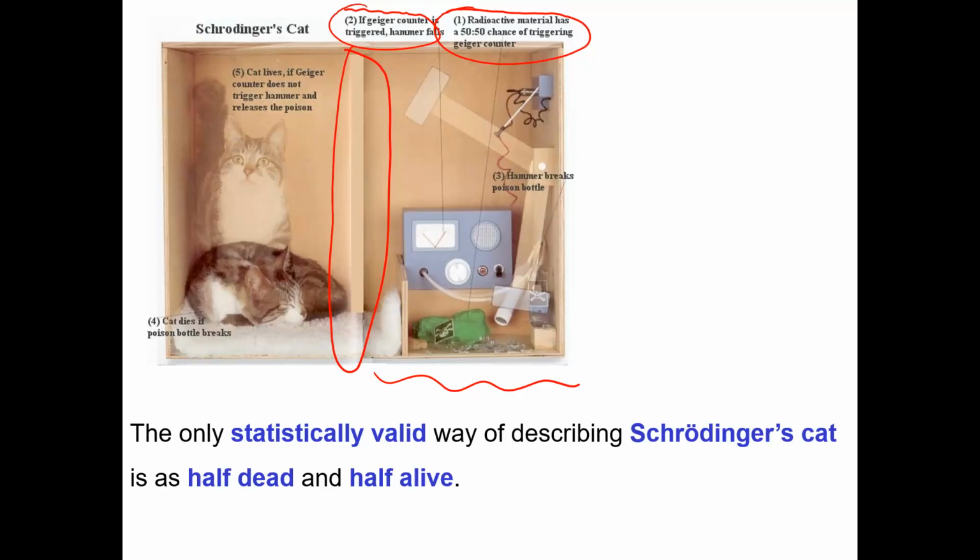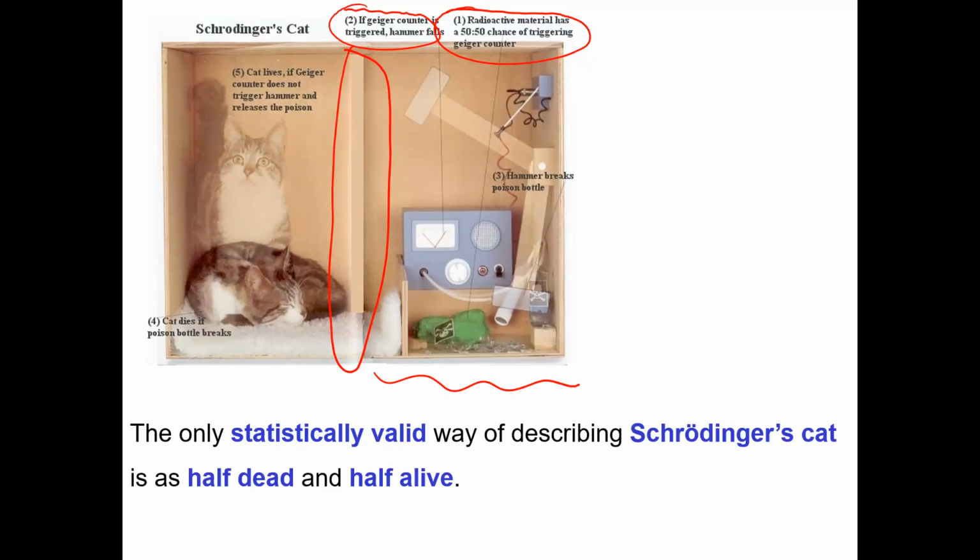So you assemble all of this and put a lid on the box so you can't see inside, and you wait for 30 minutes. Then you're asked to describe the status of the cat using statistics without opening the box. Well, what can you say?